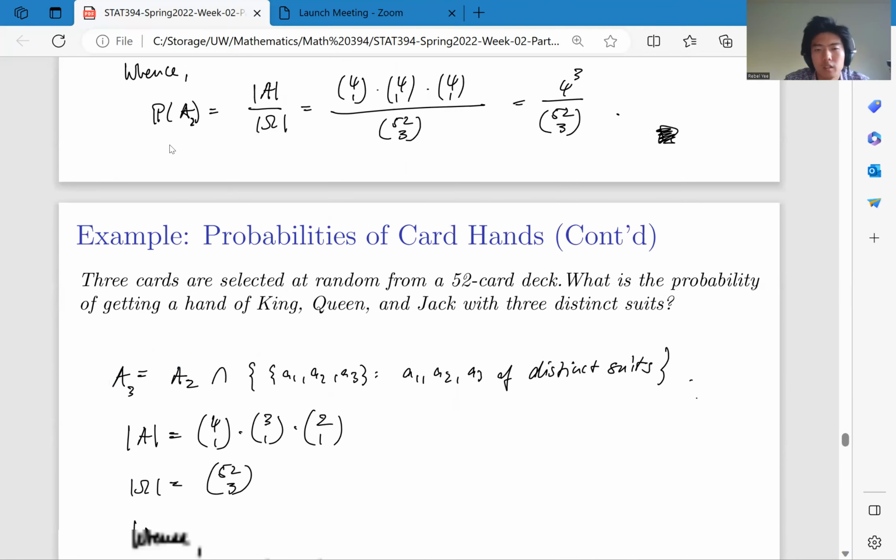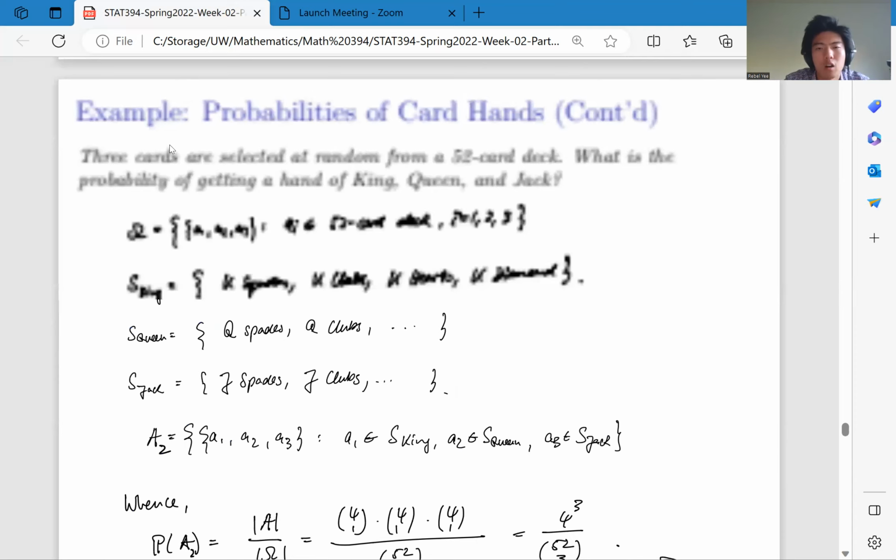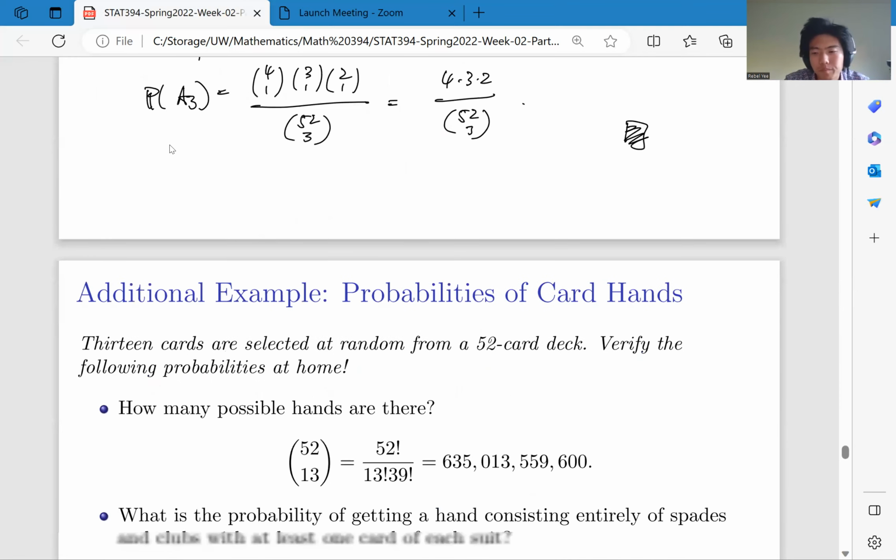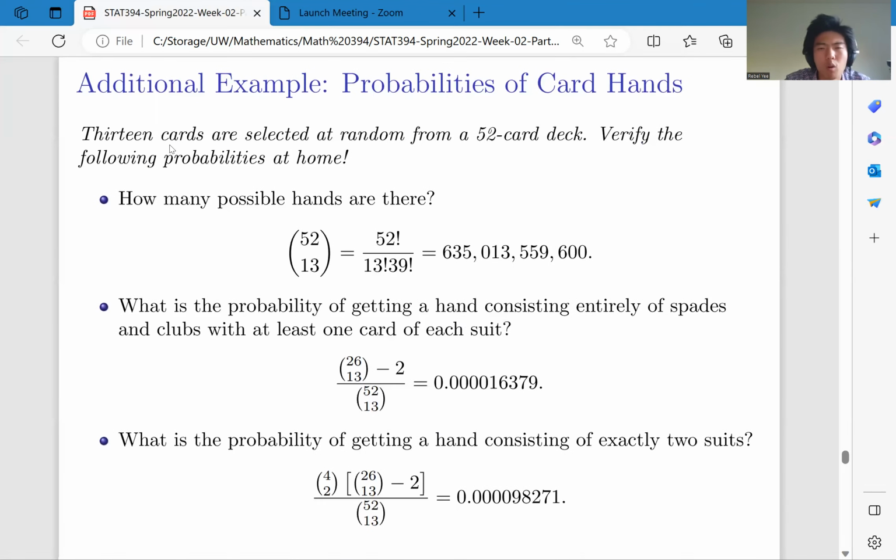These are the simple processes of card choosing problems, and there can be more complex examples. Like this example, 13 cards are selected at random from a 52 card deck. Verify the following probability. The first question asks how many possible hands there are.